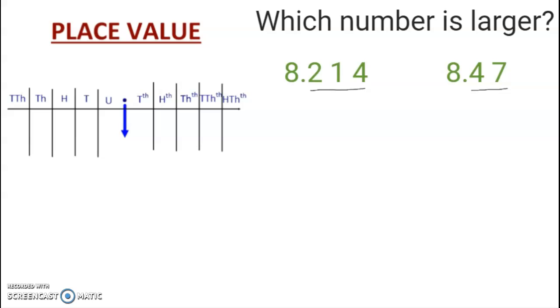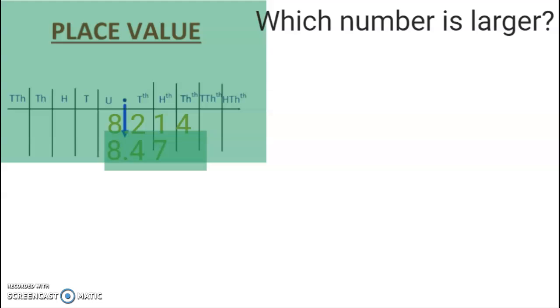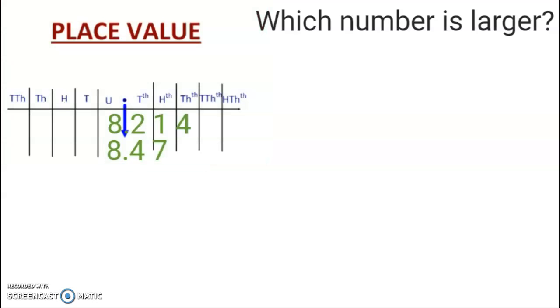And this is where people get tripped up. This is where you need to be careful. So again, I'm going to put them on my place value chart, lining up that decimal point. 8.214 and 8.47. At the moment, I cannot compare these two numbers because they are not the same length.